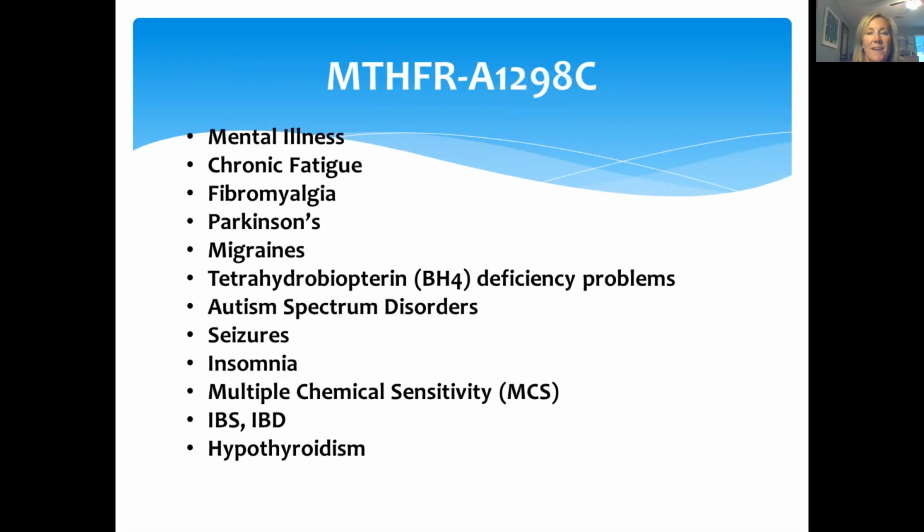One of the ones that I have noticed, I do a lot of hormone work, as I said before, but hypothyroidism, to me, from what I've seen, is linked more to this gene and then the C gene. I have to always watch people, especially if they have a homozygous double mutation. They are at high risk for thyroid malfunction, particularly low thyroid, and that is something I watch yearly with people with this.